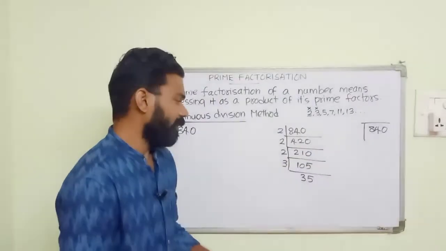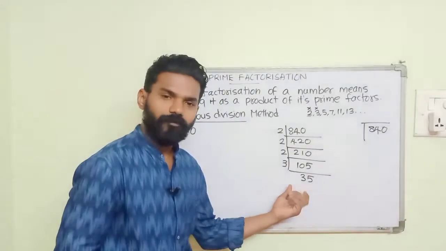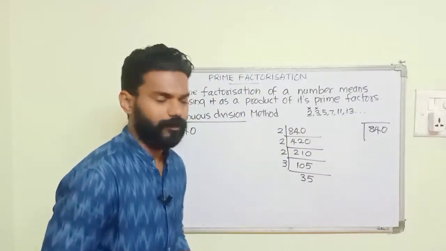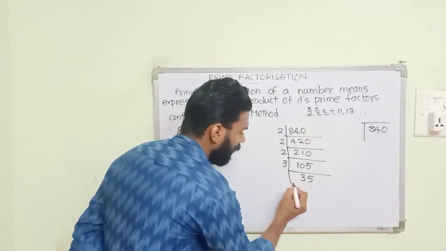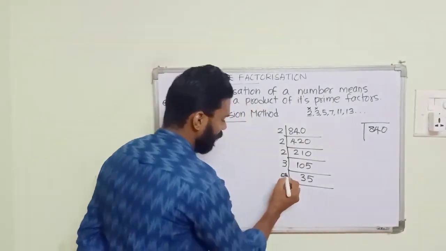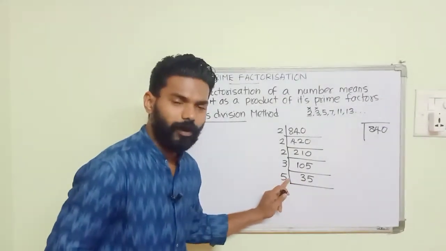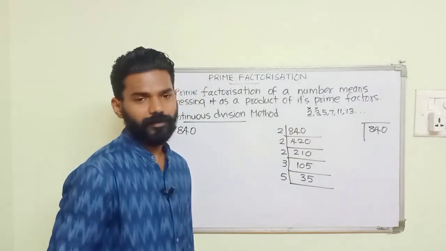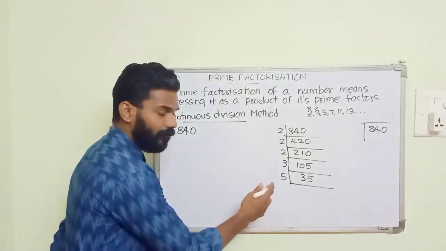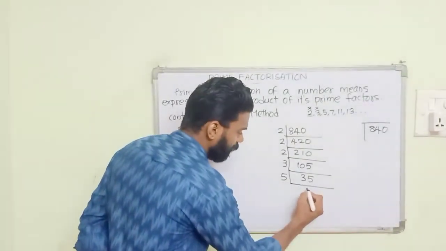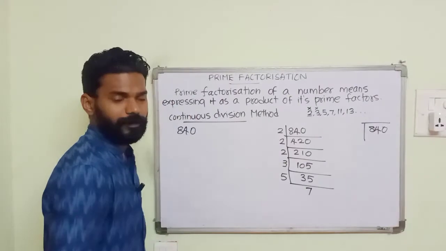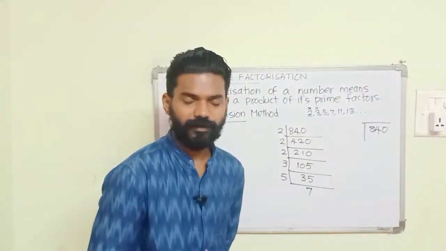You can say 35 is obviously divisible by 5. So you will put 5 as the next divisor. Now you tell me how many times 5 occurs in 35. Yes, 7 5s are 35. So definitely here we obtain 7 as the quotient.